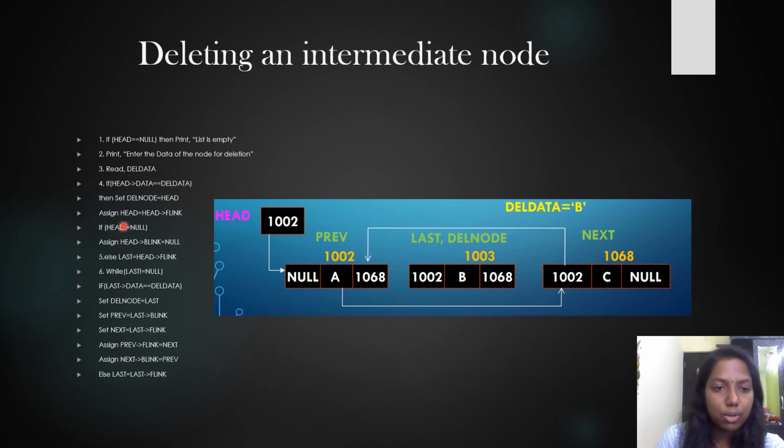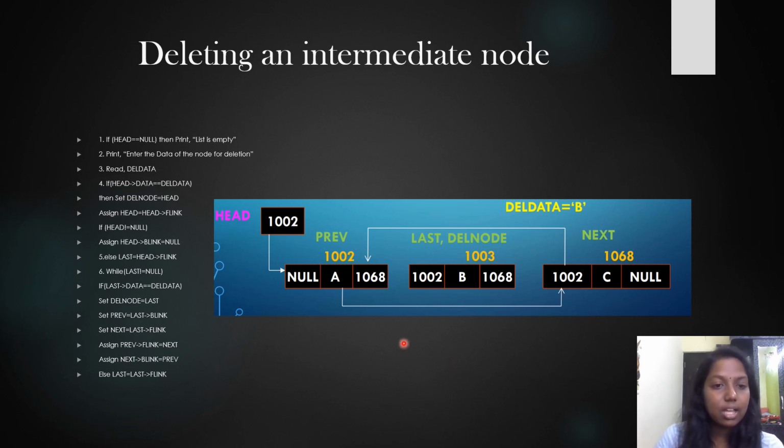So let's go through this program. Then we have to just set the del node as head, and then assign head to head's f link, that is this one. And now if the head is equal to null, then we assign head's b link as null. Else last is equal to head's f link, that is again this. While the last is not null, if the last data is equal to del data, then set the del node equal to last.